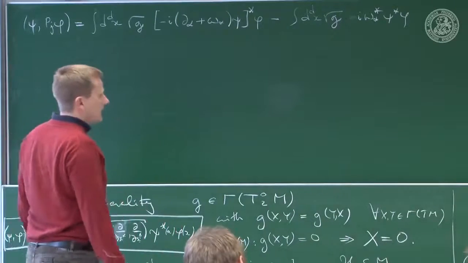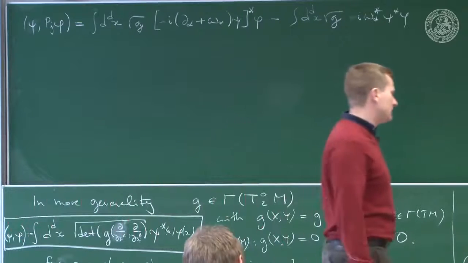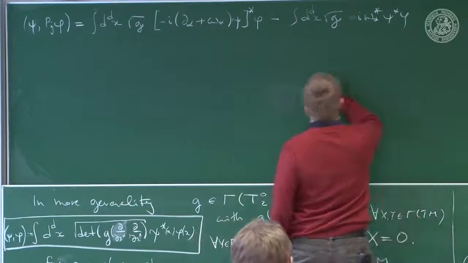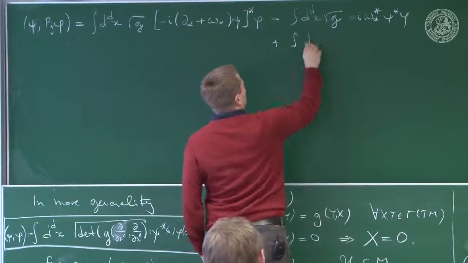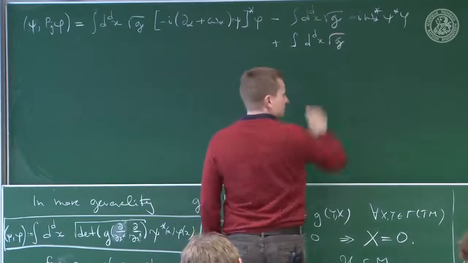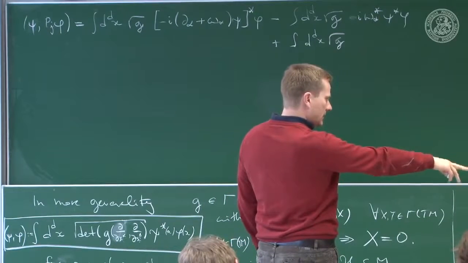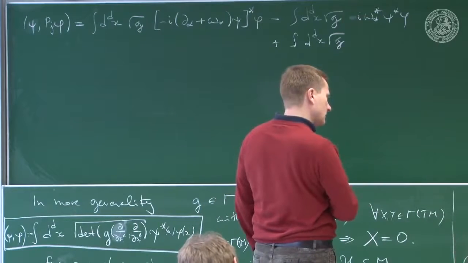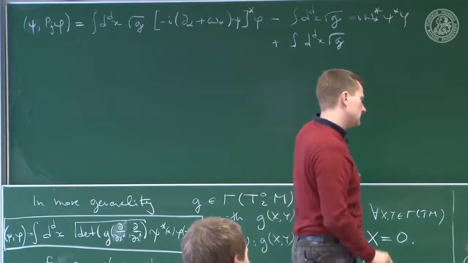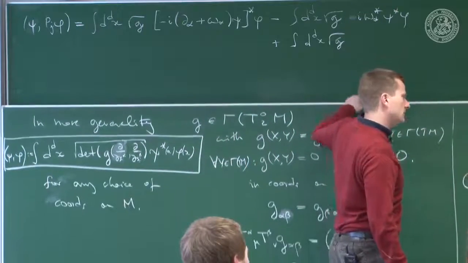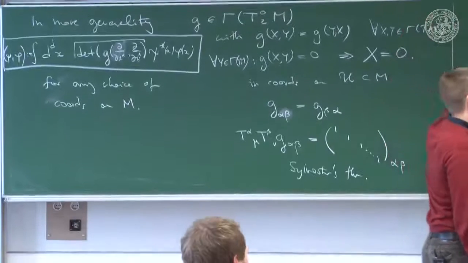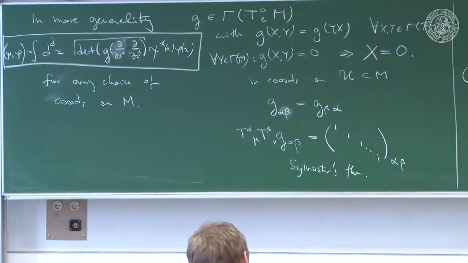Okay? And then we should already have a similar term, so let me take that one first and write it below. Integral d dx square root g, that's the last term from before. And there's an I missing. Let's see what we did here. So we had a minus I here.